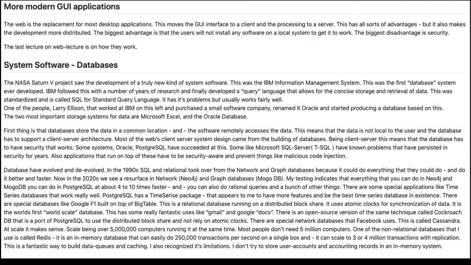And there are some applications for network databases that also work at scale. Facebook has its own database called Cassandra, and Cassandra works beautifully at the kind of scale that Facebook does, with 5 million plus computers running one database all at the same time. But most applications in the world don't need 5 million computers, nor can people afford that.